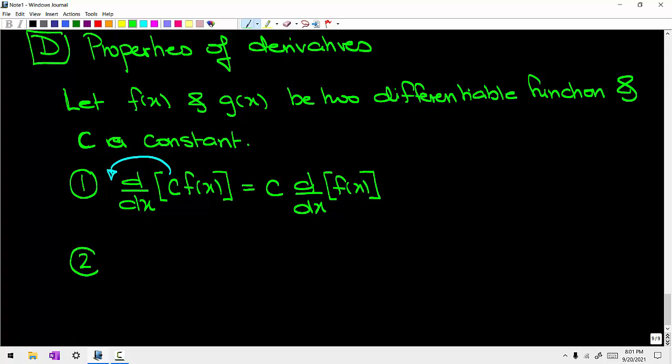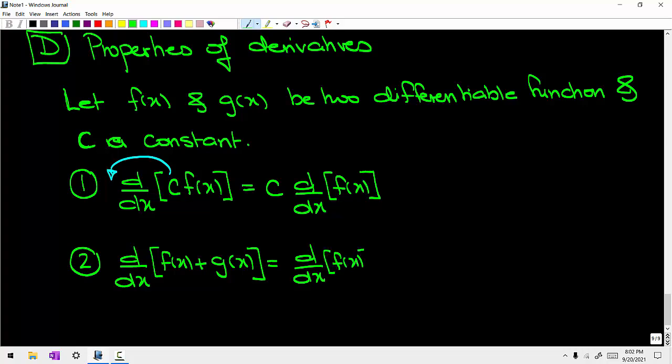The second property is when you take the derivative of a sum, if I have f of x plus g of x, then just like with limits, I can distribute the derivative. So you get the derivative of the first plus the derivative of the second.